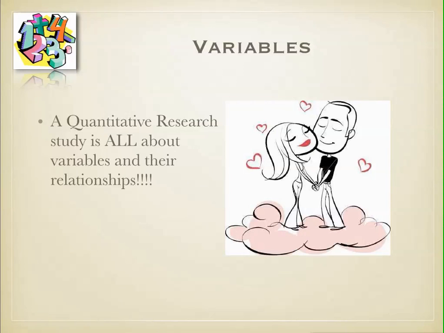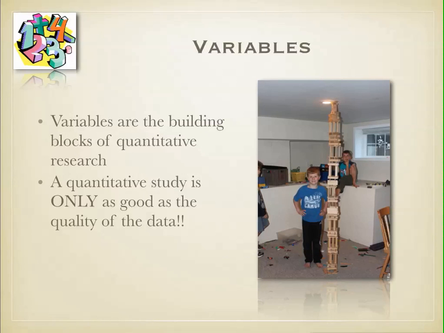As you know, in quantitative research, quant is really all about variables and understanding the nature of the relationship between them. It's important for us to get good data, make sure that we have operationalized our variables and collected data that is accurate.